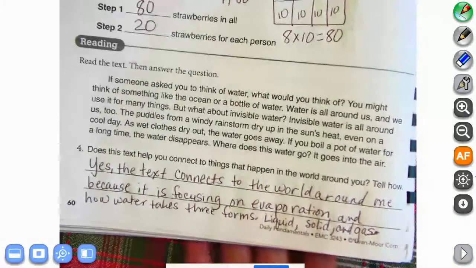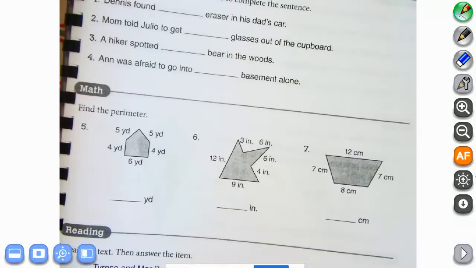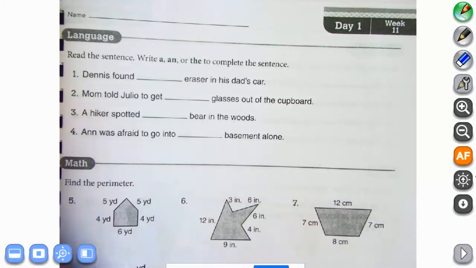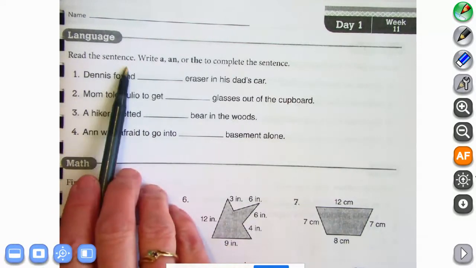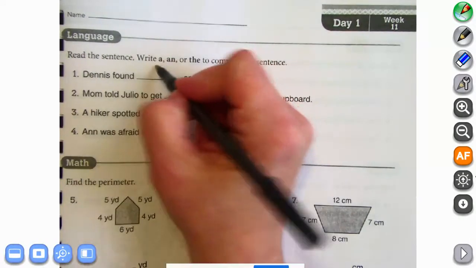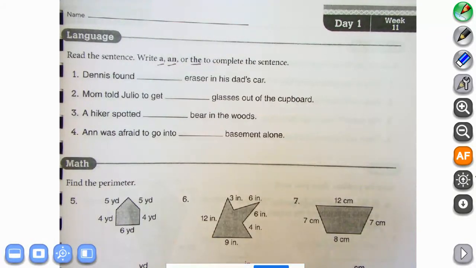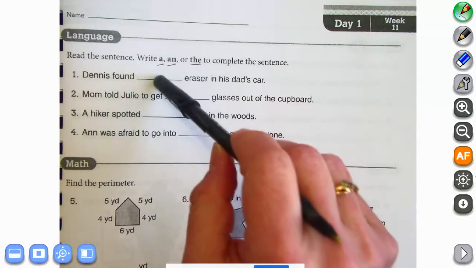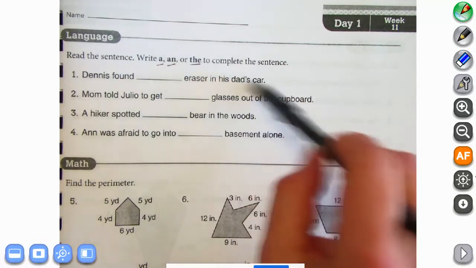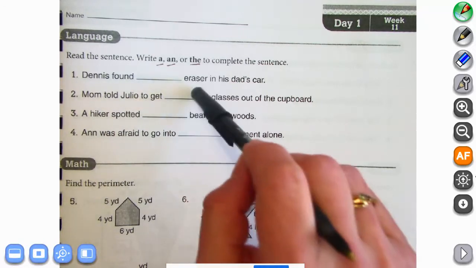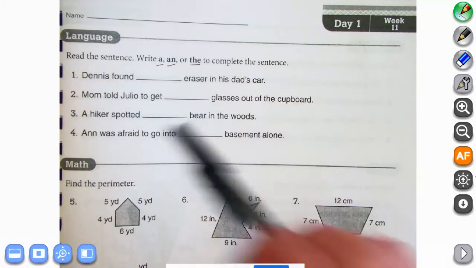Okay, so we're going to go to the next page, page 61. Let's go over this one, and then I'll have you work on it today. Okay? All right, let's see. The top part, it says, read the sentence. Write a, an, or the to complete the sentence. Okay? Dennis found a, an, or the eraser in his dad's car. Mom told Julio to get a, an, or the glasses out of the cupboard.